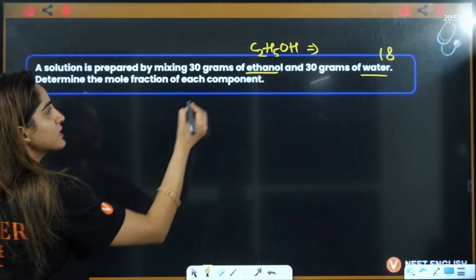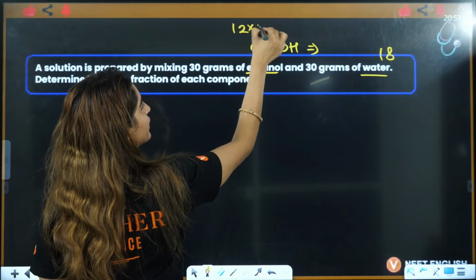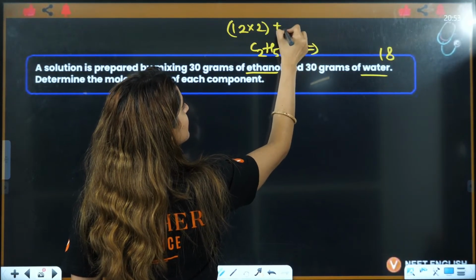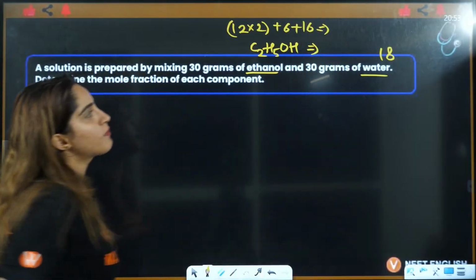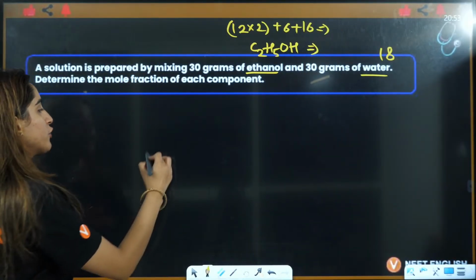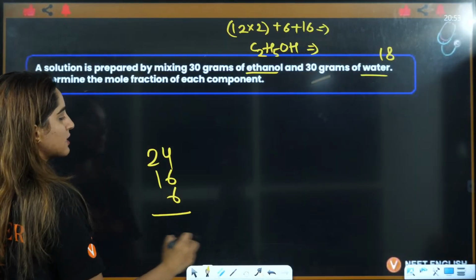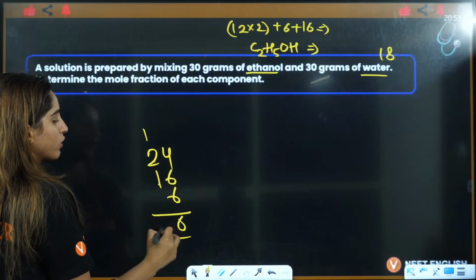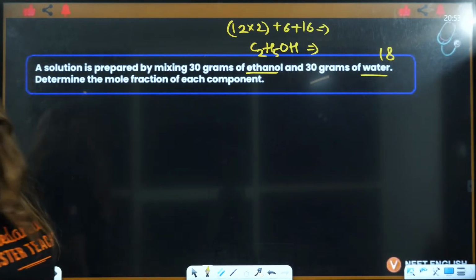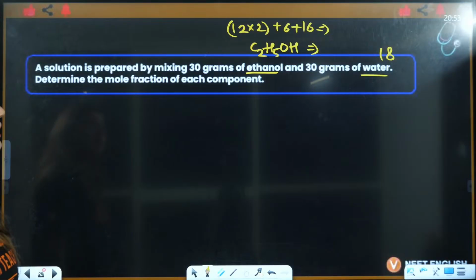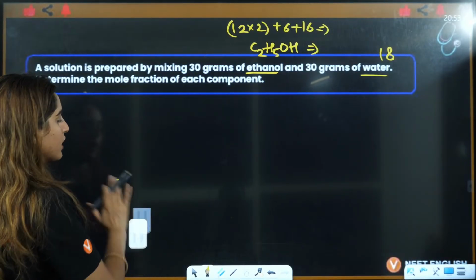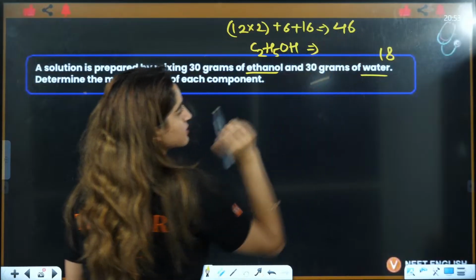Molar mass of ethanol is 12 multiplied by 2 plus 5 plus 16, or you can say plus 6 plus 16. 24 plus 16 plus 6, that is 22, 24, yes, 46. So this is coming out to be 46 here.